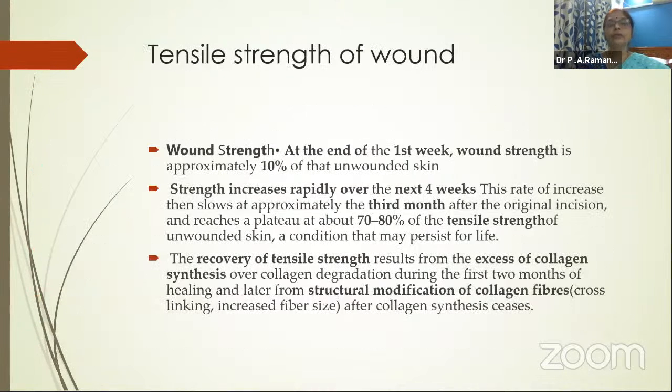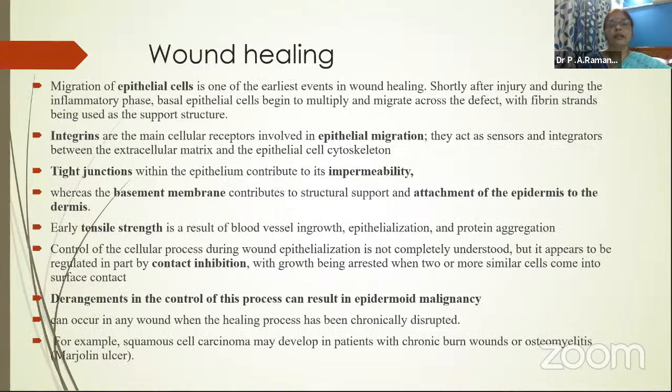The proliferative phase starts from the third day to 3 weeks. The first 2 days are the inflammatory phase. The second phase is the proliferative phase, which starts from the third day to the third week.